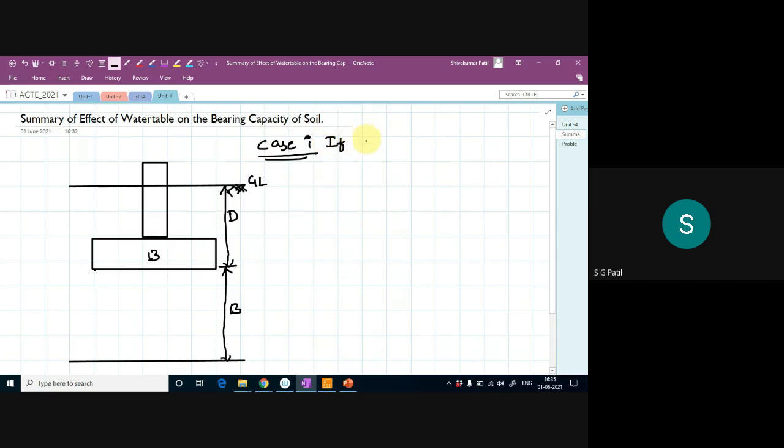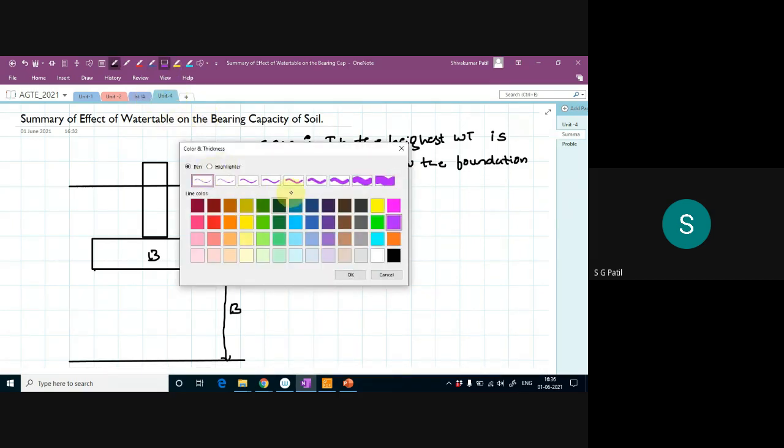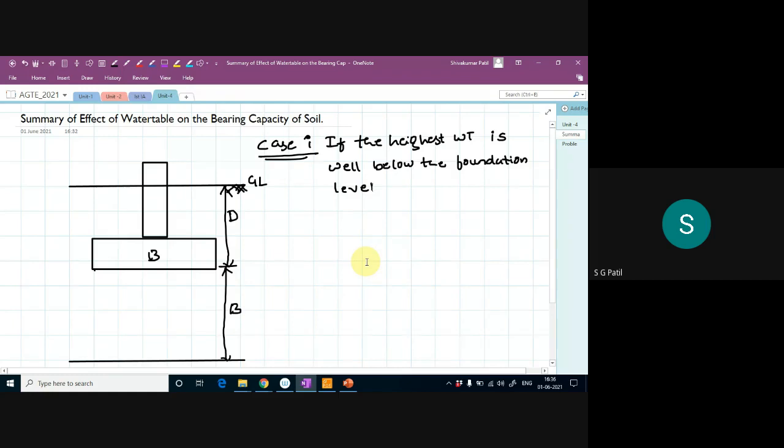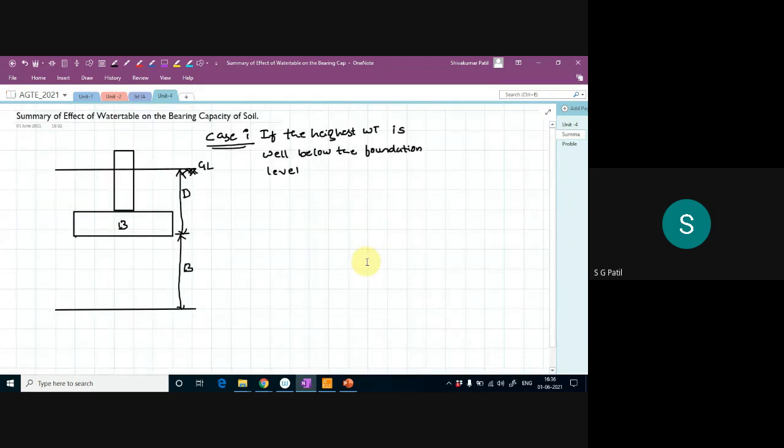If the highest water table is well below the foundation level, that means your water table is somewhere here.